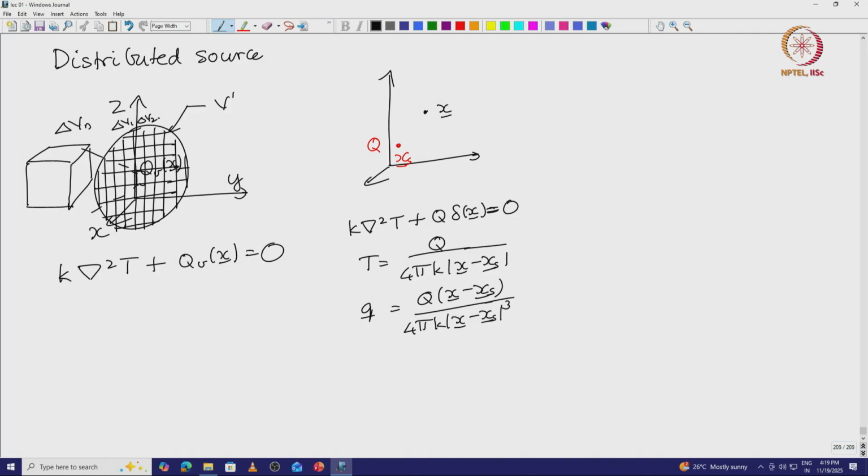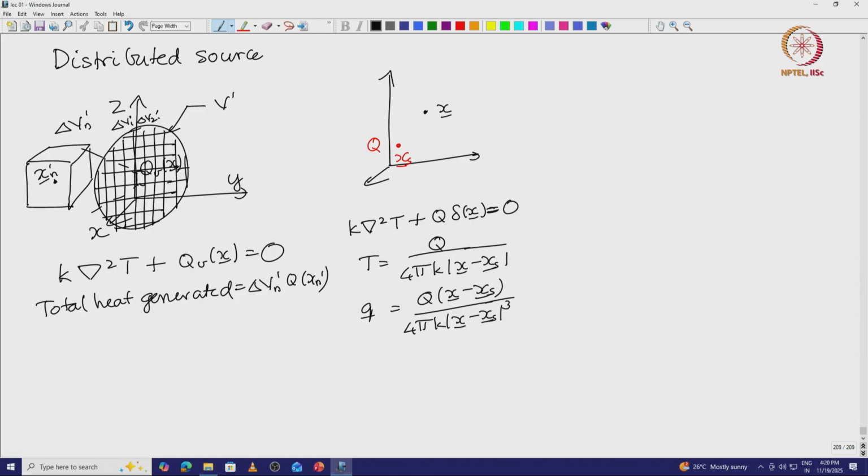The total amount of heat generated in this differential volume, if the centroid is at location x n, not heat generated per unit volume, but the total heat generated, is equal to delta V n prime times q of x n prime, where the source location I have written with a prime.